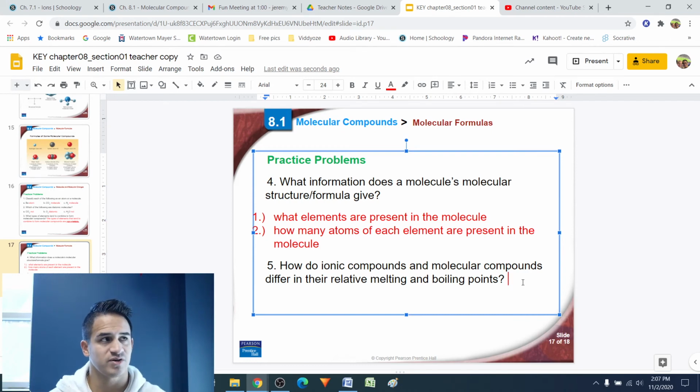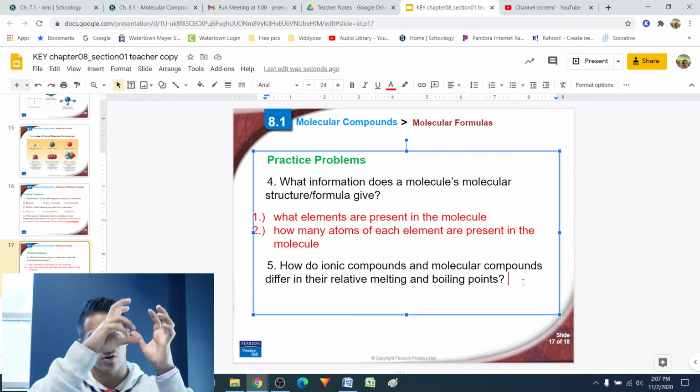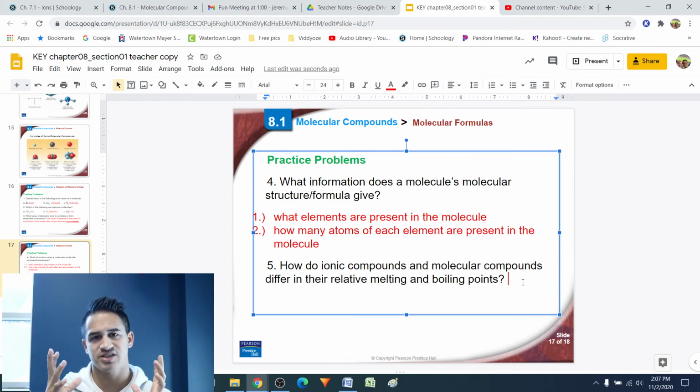Whereas molecular compounds are not stuck in place. They're sort of individual molecules that float around near each other, but because they are not stuck in place and they can move around, they are a lot more fluid, which means that they're usually already going to be liquids or gases at room temperature, which essentially tells you that their melting points are low and their boiling points are low because they've already melted into a liquid at room temperature, or they've already boiled into a gas.